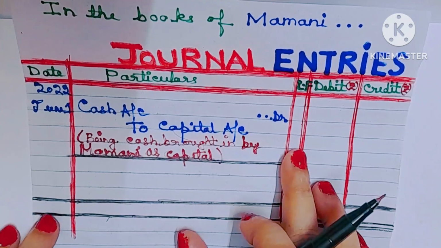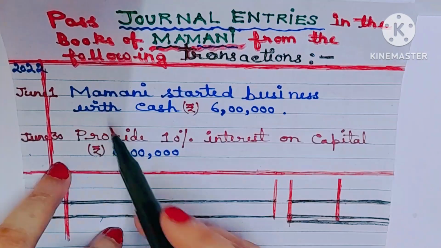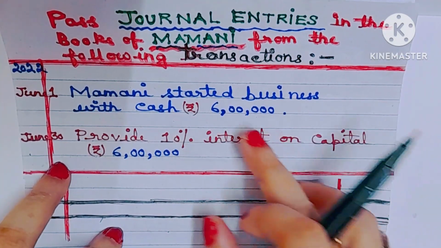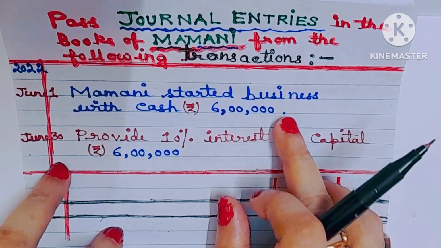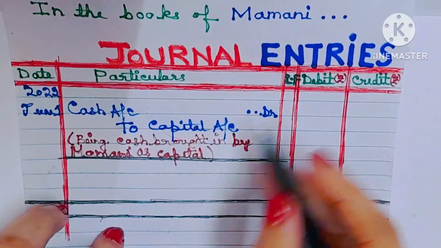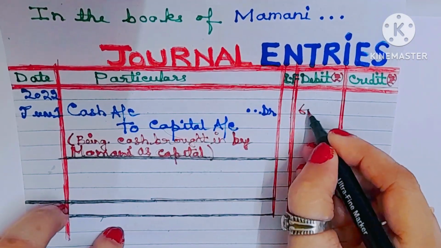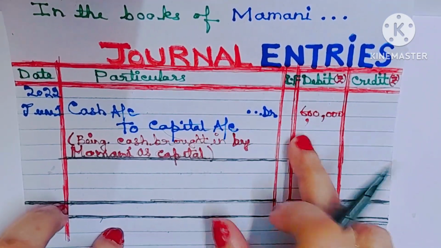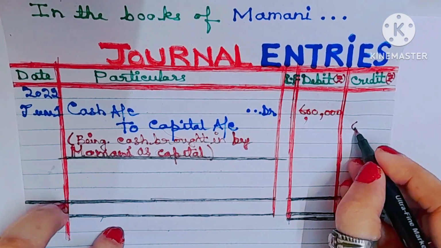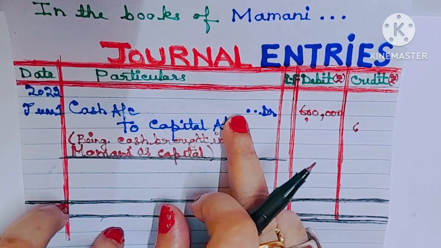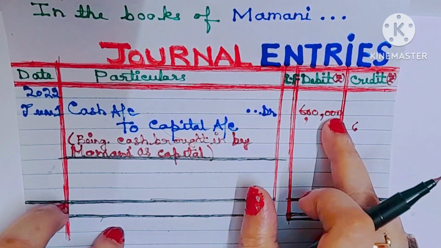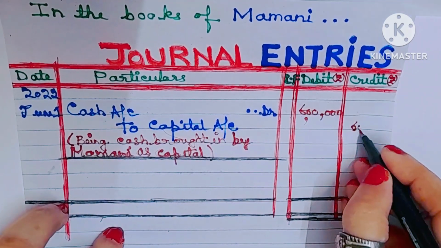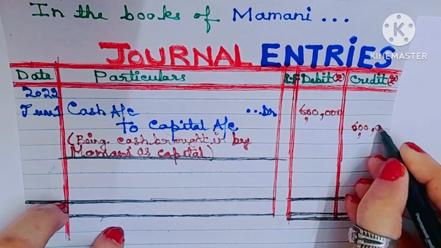Now what is the amount? Let me see the transaction. Now see, 1st June Mamuni started business with cash 6 lakhs. So the amount is 6 lakhs. First we'll write for the debit account 6 lakhs in the debit column, and for the credit account, that is capital account, we'll write 6 lakhs in the credit column.